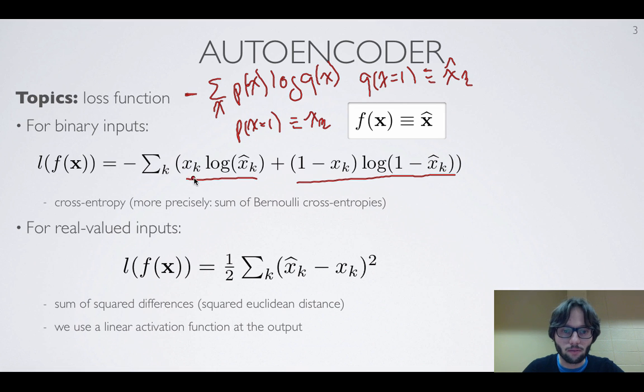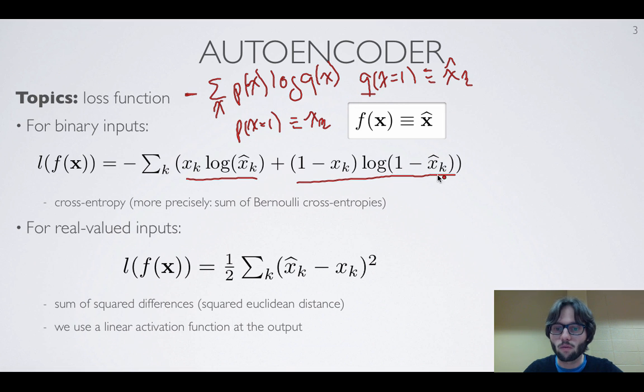So we get the case where P of x equal 1 is xk, and this is x hat k, and then P of x equals 0, well, because it's a Bernoulli binary variable, it would be 1 minus the probability of being equal to 1, so that's 1 minus xk, times log of 1 minus the probability of being equal to 1 according to Q, and Q is x hat k, the probability under that distribution of x being equal to 1.